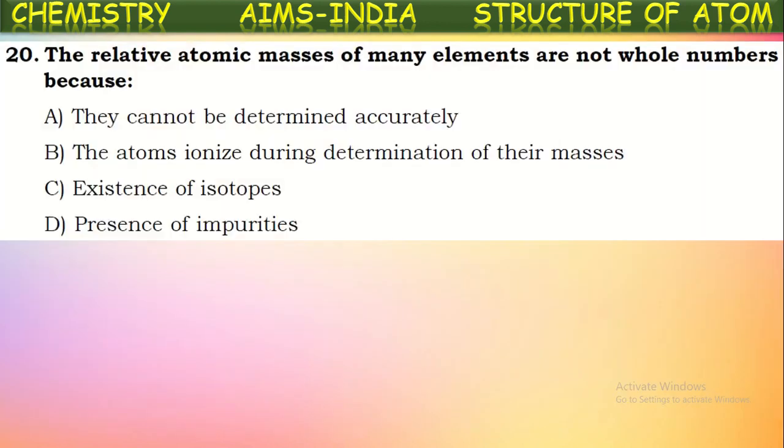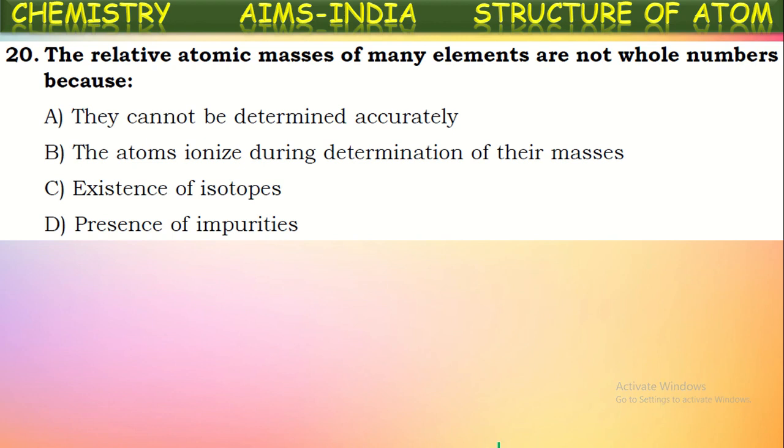See the next one. The relative atomic masses of many elements are not whole numbers. Yes, we observe for certain elements the atomic masses are in fractions. For example, chlorine's atomic mass is 35.5. In this way, for certain elements, atomic masses are not whole numbers. They are fractional numbers. Why is it so? This is because of the existence of isotopes for these elements in considerable abundance.